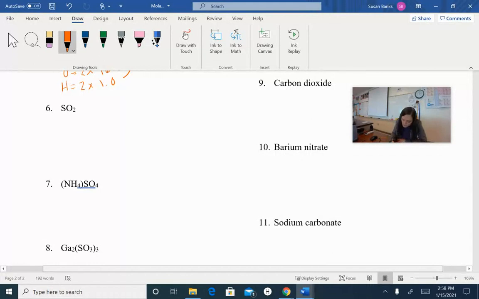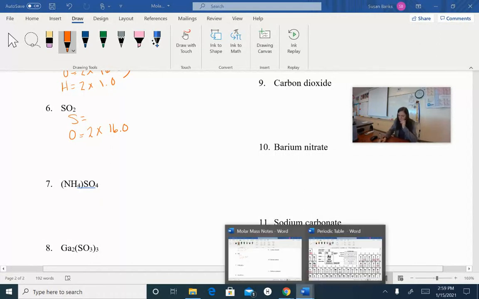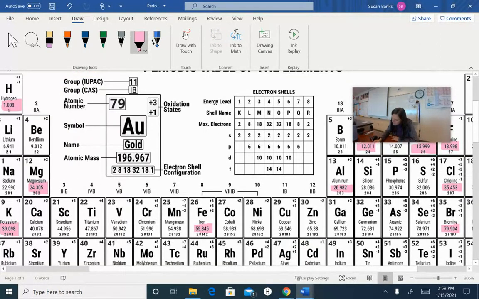So sulfur, I've got 1 sulfur and I've got 2 oxygens in sulfur dioxide. So I'm going to set that up. We've already got a good feel for oxygen. It's 16. Let's look at sulfur. Sulfur, 32.06. That 6 tells me to round up. So I'm going to call that 32.1.